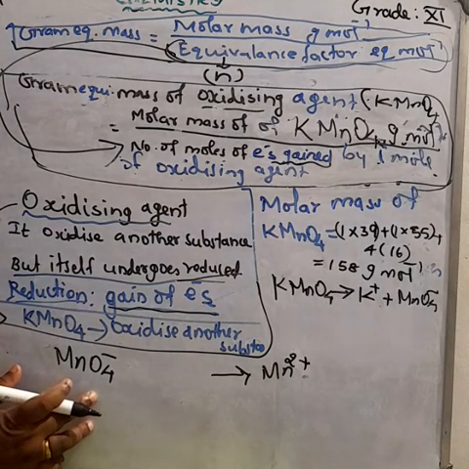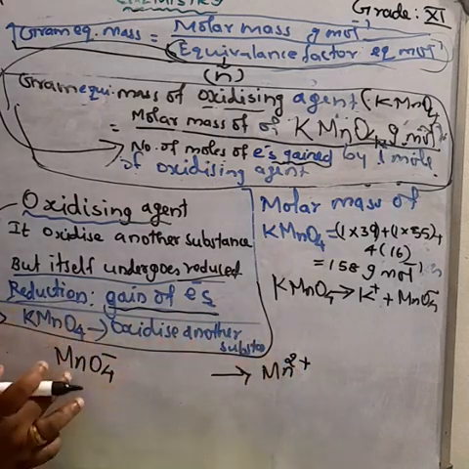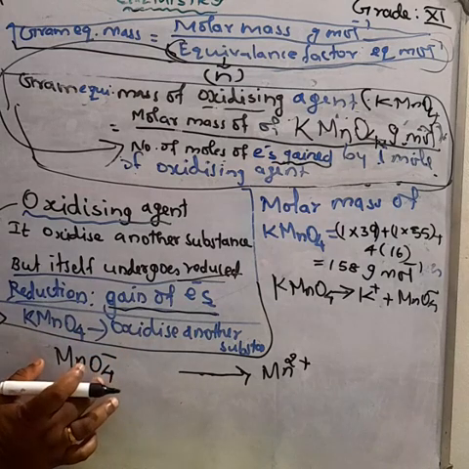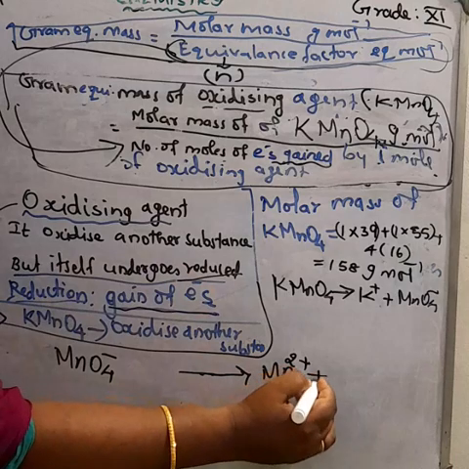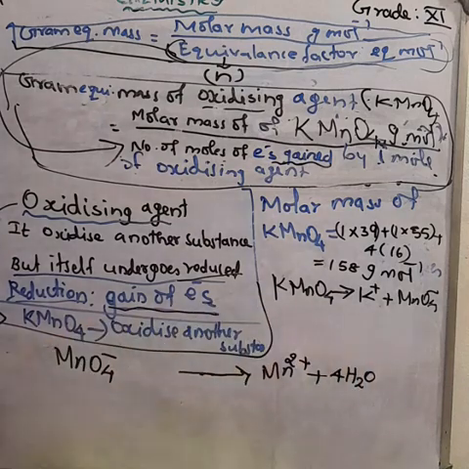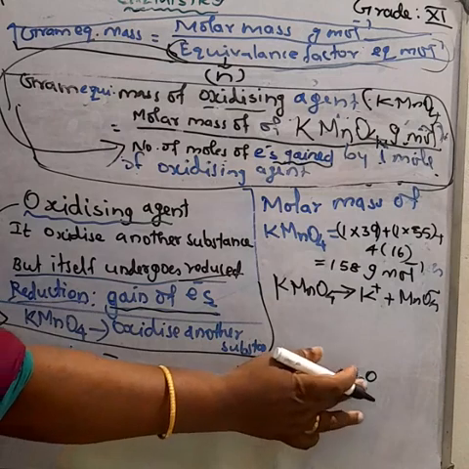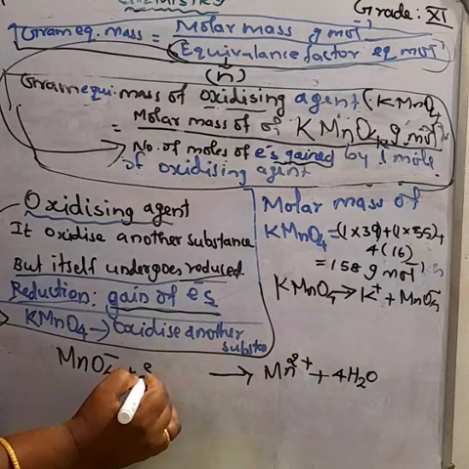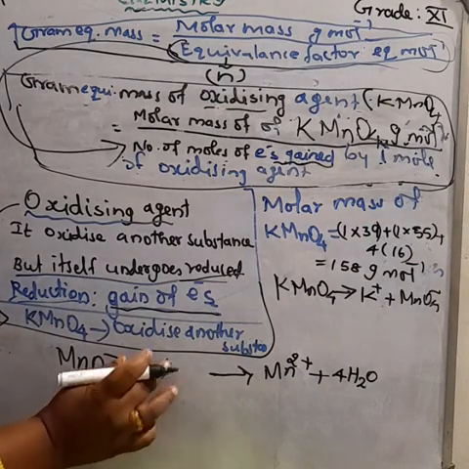To balance this reaction, we should add 4 water molecules on the opposite side. Then the oxygen is balanced. But now there are 8 hydrogen atoms on that side, so to balance the hydrogen atoms we have to add 8 H plus on the other side.